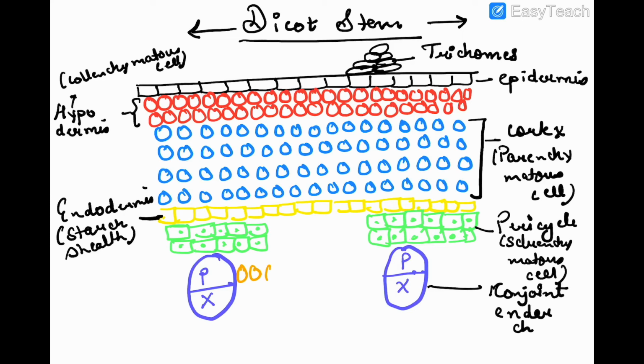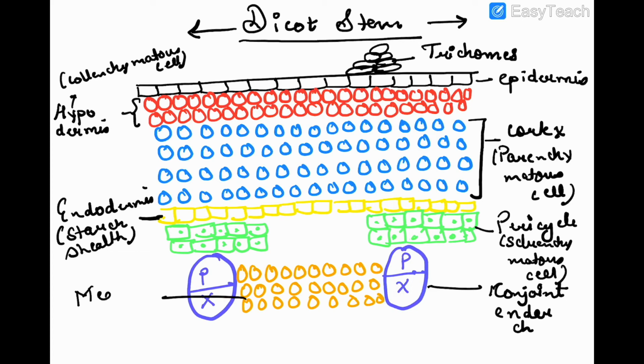These cells are present between the two vascular bundles, xylem and phloem.